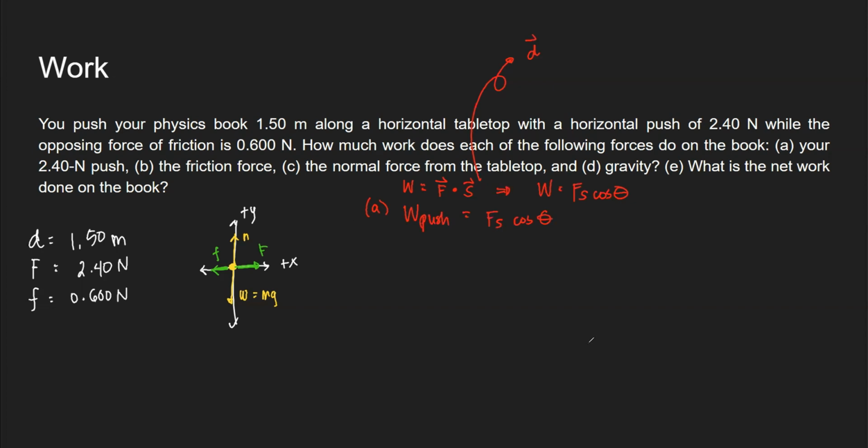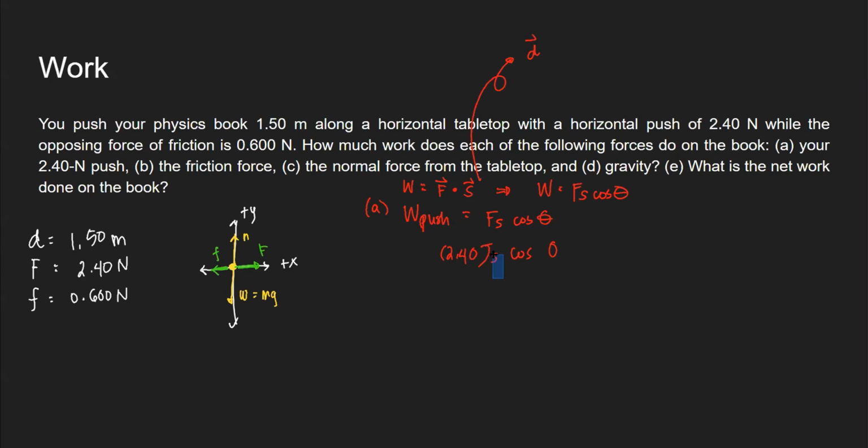So that would be Fs cosine 0. Now, what is our F in this case? Our F here is 2.4, times S, and our S here is 1.5.